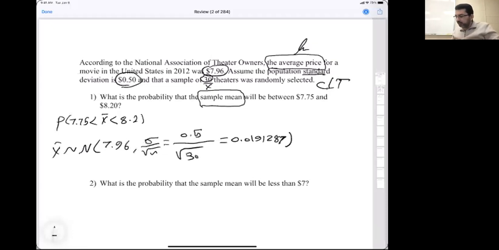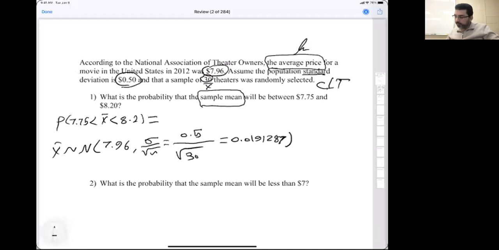Why do I need the standard deviation and the mean? So I can convert x bar to z and then find the probability from the table. After we calculate the standard deviation, we need to convert x bar to z.